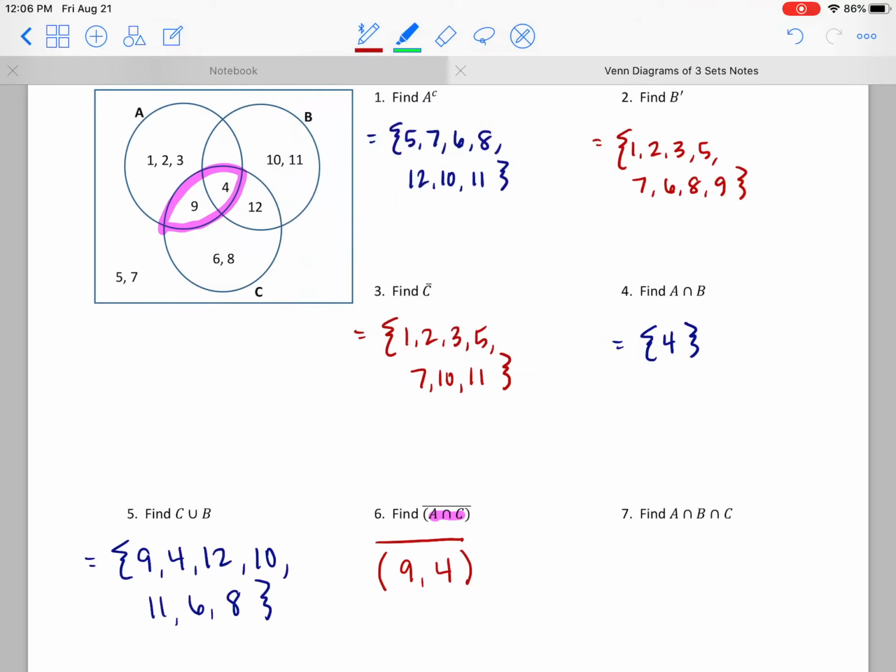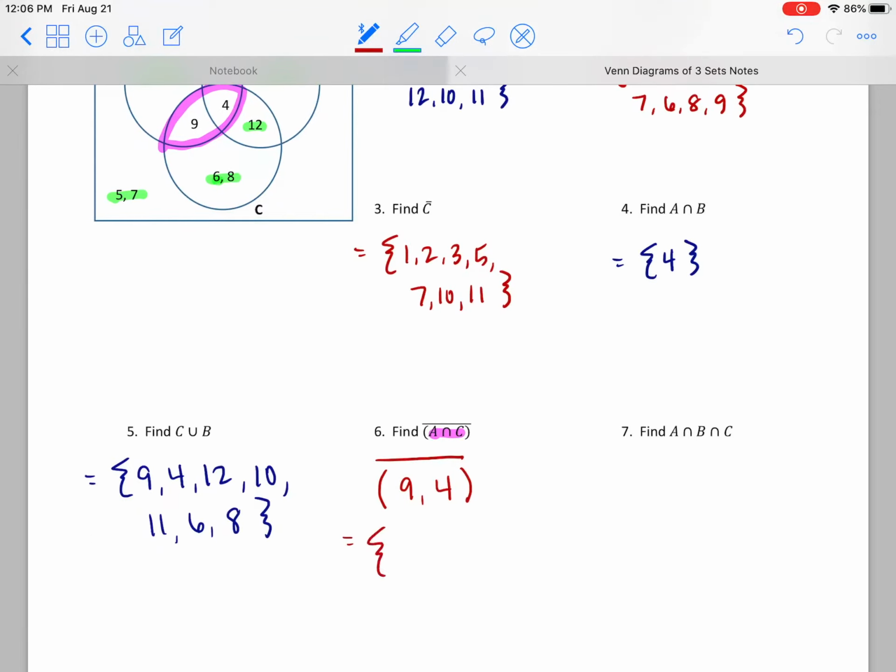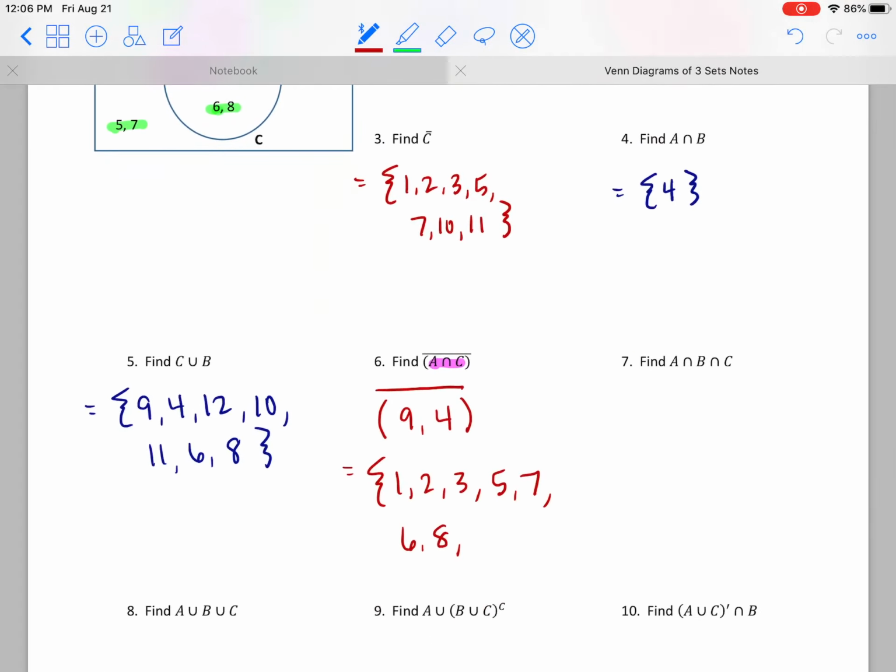So everything else is the 1, 2, 3, 10, 11, 12, 6, 8, and 5, and 7. So we are looking at, again, the 1, 2, 3, 5, 7, 6, 8, 12, 10, and 11. Okay, and there it is.